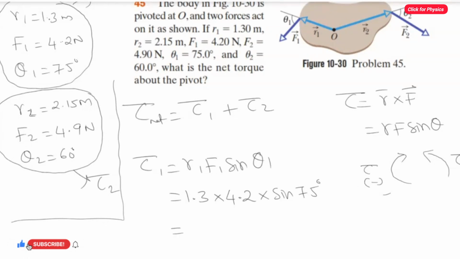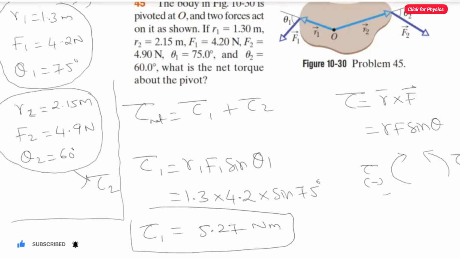So let's see the value for the torque. 1.3 multiply 4.2 multiply sine of 75 degree. I got here 5.27, and the unit for the torque is Newton meter. Clear? This is our torque tau 1.